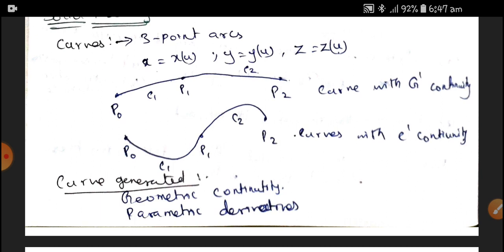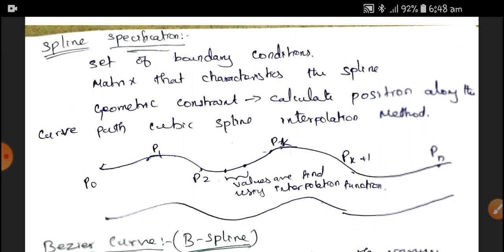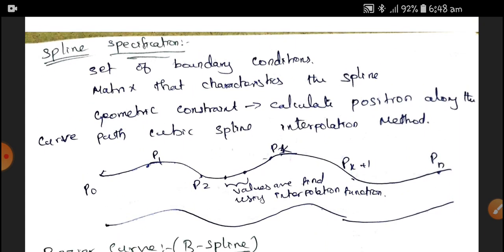Curve generation can be done by parametric derivatives as well as geometric continuity. In every drafting, curve generation is very important. For curve generation we use two types of curves, spline curves as well as B-splines, that is called the Bezier curve.